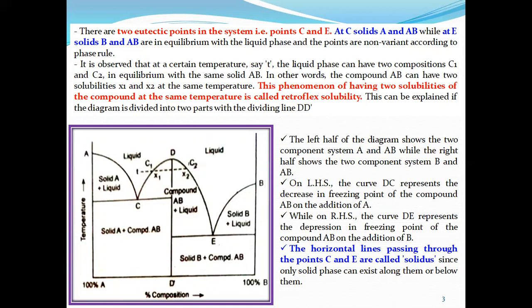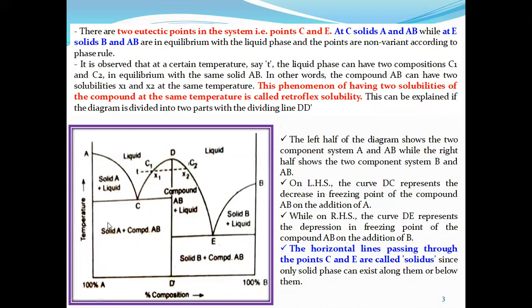It is observed that at a certain temperature T, the liquid phase can have two compositions. At temperature T, if we go along the CD curve, we get a composition C1, and if we consider the DE curve, we have a composition C2 in equilibrium with the same solid, that is compound AB.